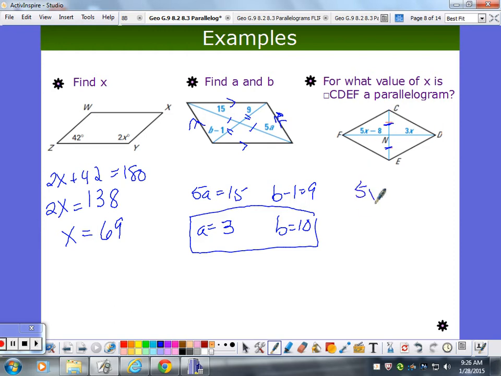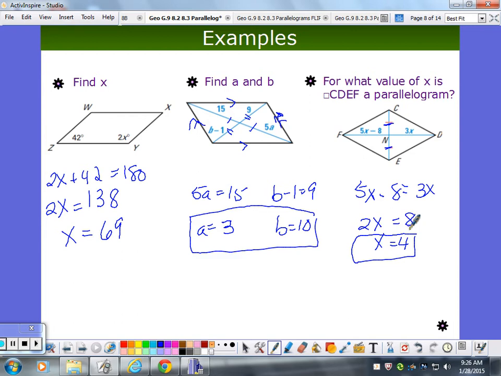So that means that 5x minus 8 has to equal this other segment's length of 3x. Subtract 3x and add 8. So what do I get? 2x equals 8. So x equals 4.